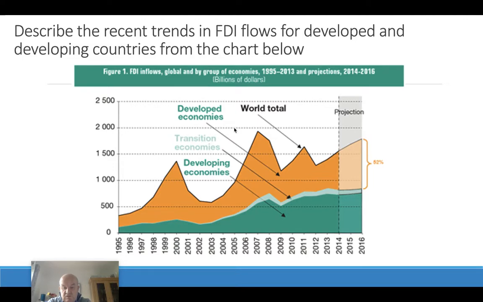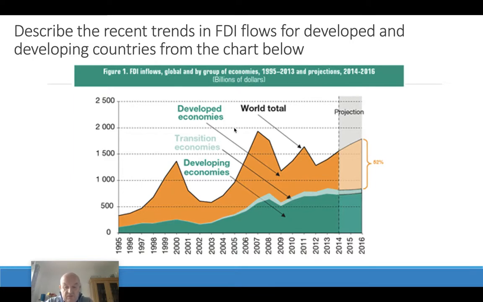So the projection is basically a forecast. It's not actual, and that's something to bear in mind whenever you're shown a chart of this nature. Then also take a look at what the world totals are, and where those FDI inflows have been going to. Clearly not all developed economies: some developing, some developed, and some in transition.